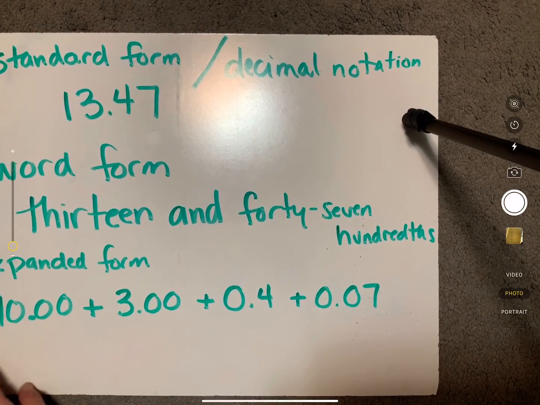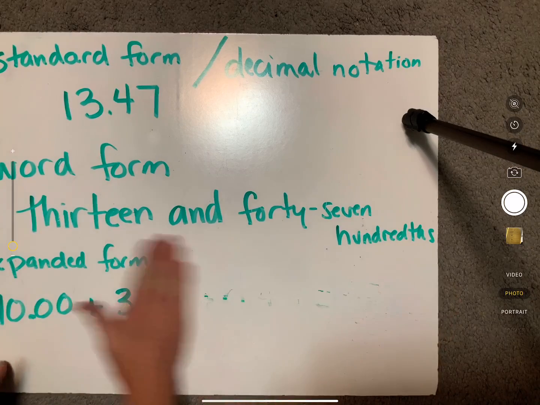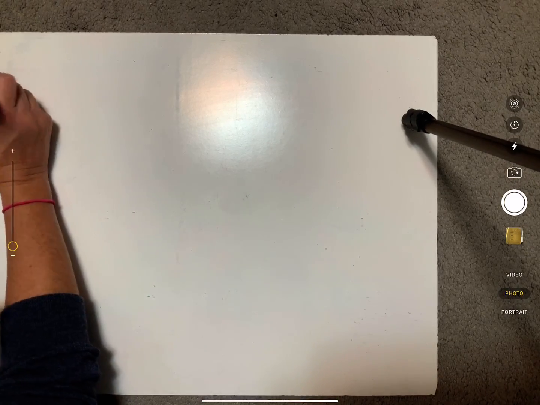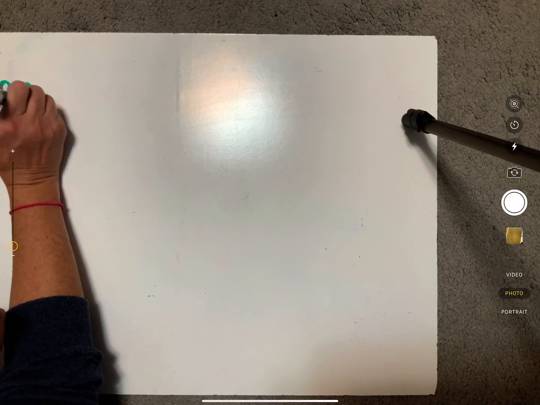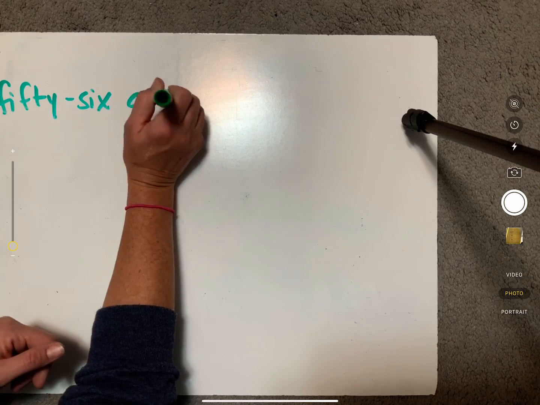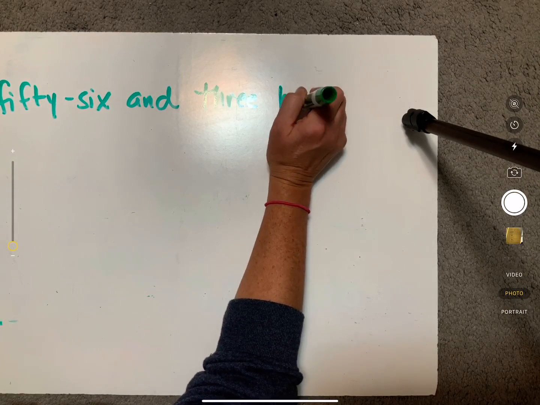So what you would need to do is write it in standard form. So if it, for example, had the number 56 and 3 hundredths.